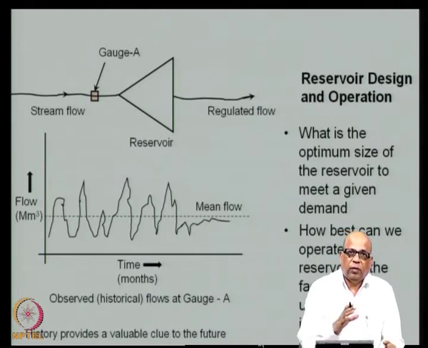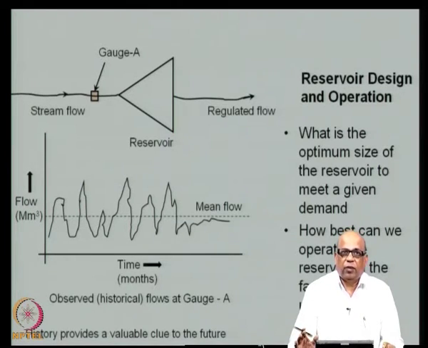This is called the assumption of stationarity. That is, we are saying that the way the history has been for this particular stream, the future will be similar to the history. So, we are saying history provides a valuable clue to the future. This need not always be true.